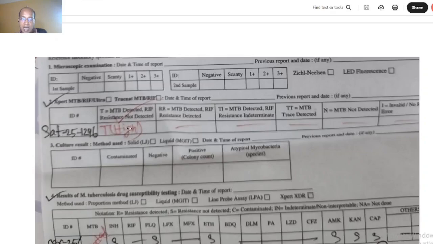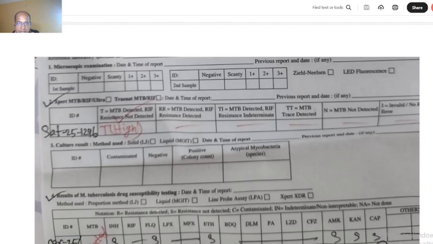So it is T high, T medium and T low. It is as per the burden of the organism. Okay. On the next section 4, result of Mycobacterium tuberculosis drug susceptibility testing.